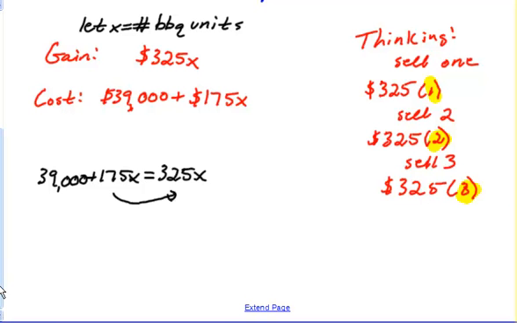When I move it over here, it becomes what? Side and front changes, right? Like that? You guys with me? I moved it across the equal, so the plus in front became a negative. $39,000. Oh, that looks horrible.